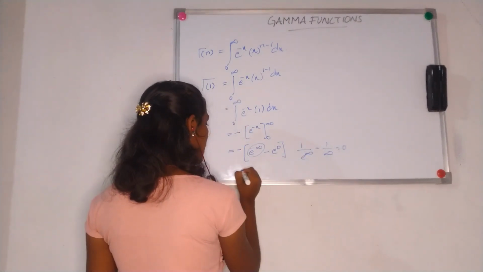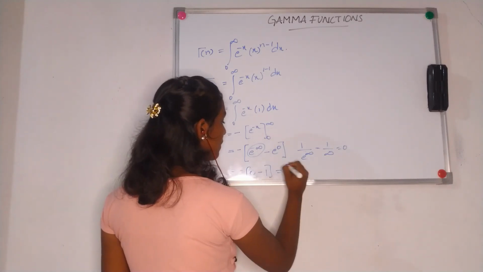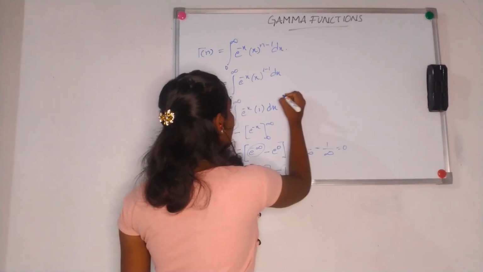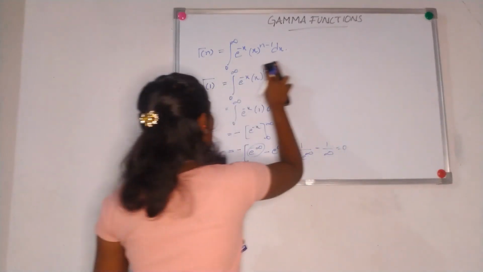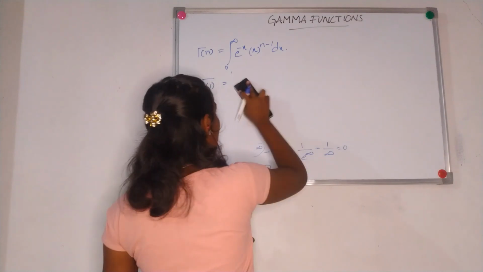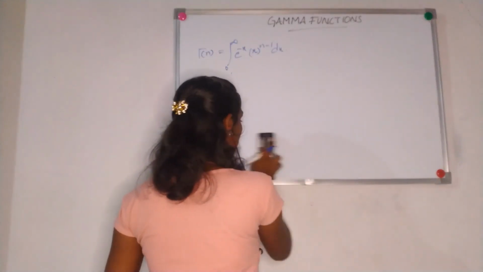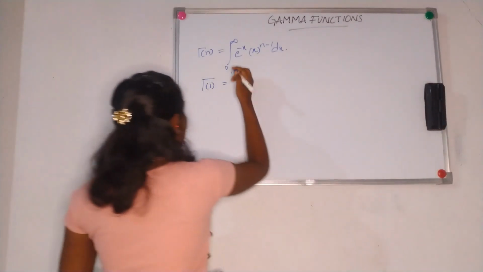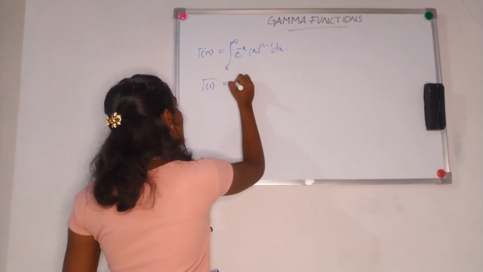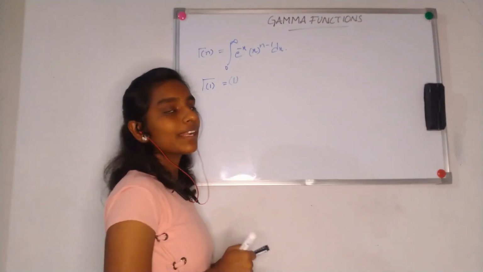So this value is 0. Minus of 0 minus e power 0, and e power 0 is 1, so this will become 1. So gamma of 1 is 1. You have understood how we got 1? You just substitute the value 1 for n.